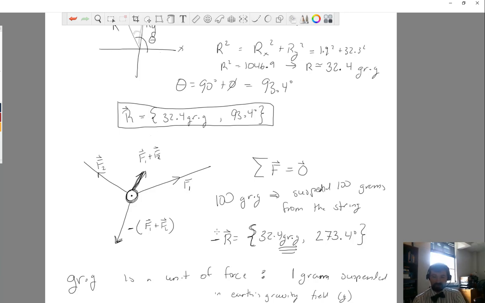Where you put it gives you the direction, how much you hung from it gives you the magnitude, and since you are balancing it, you have an extra minus sign, so you just take your direction and either add 180 or subtract 180 from it, so that you have an answer that's between 0 and 360 degrees, and that is the actual resultant vector.